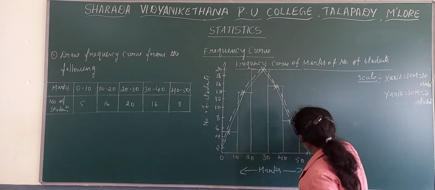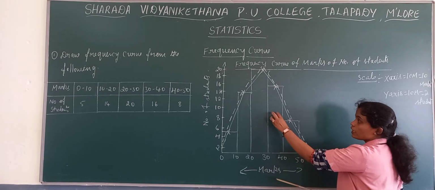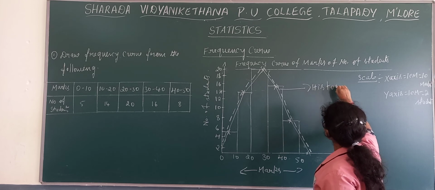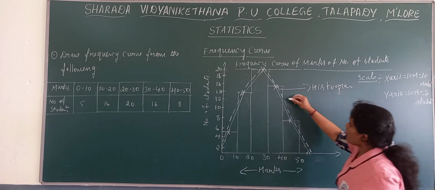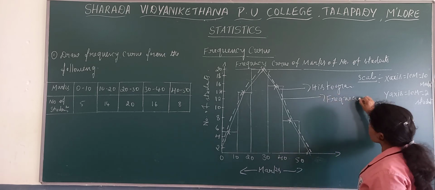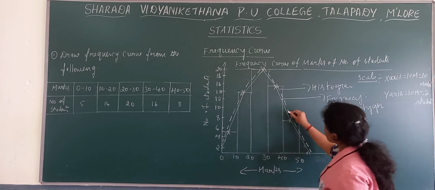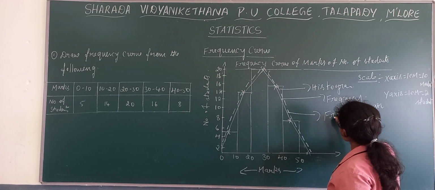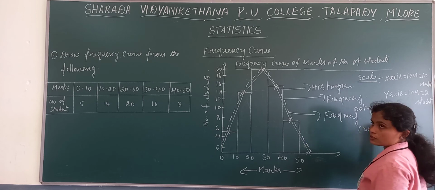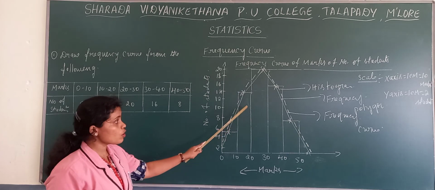Now see, in this particular example, this is the histogram, this straight line is the frequency polygon, and this dotted line is the frequency curve.